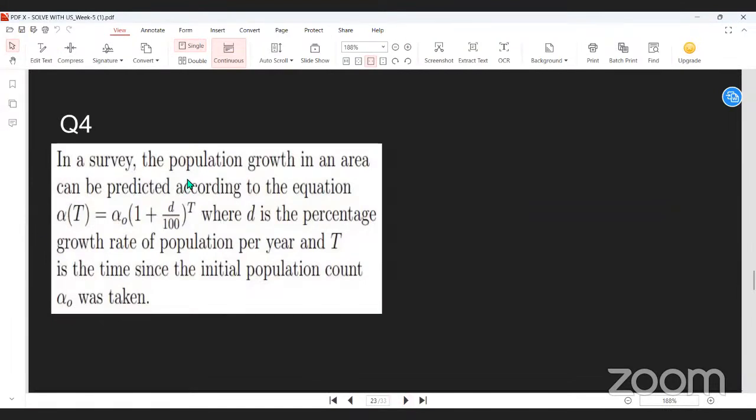In a survey, the population growth in an area can be predicted according to the equation alpha t equals alpha naught times (1 plus d by 100) to the power t, where d is the percentage growth rate of population per year and t is the time since the initial population count alpha naught was taken, right?